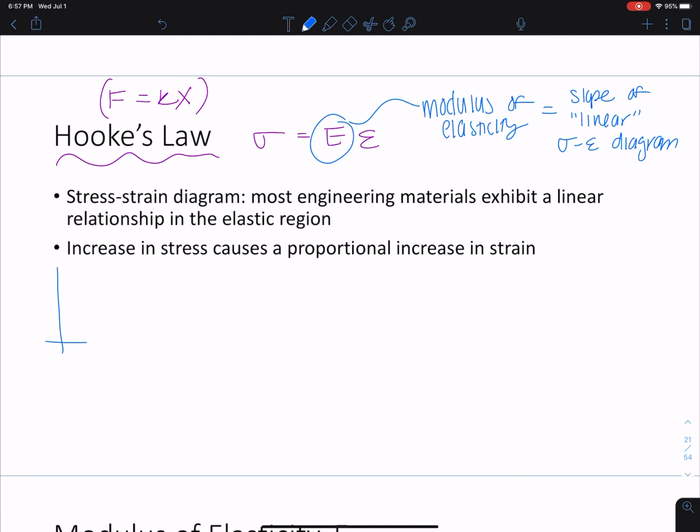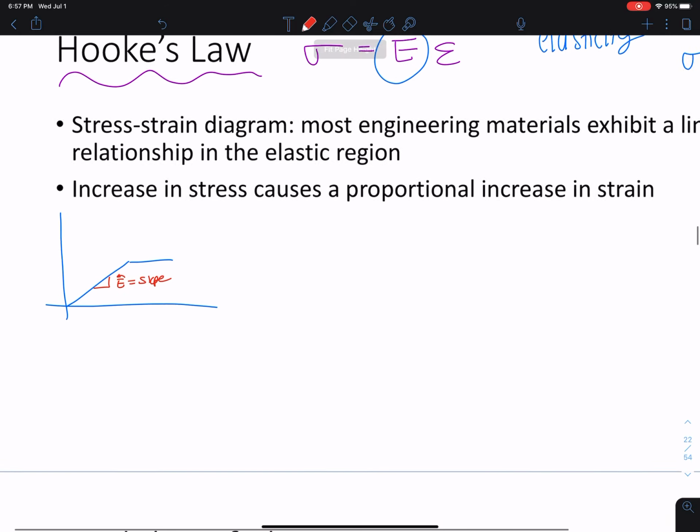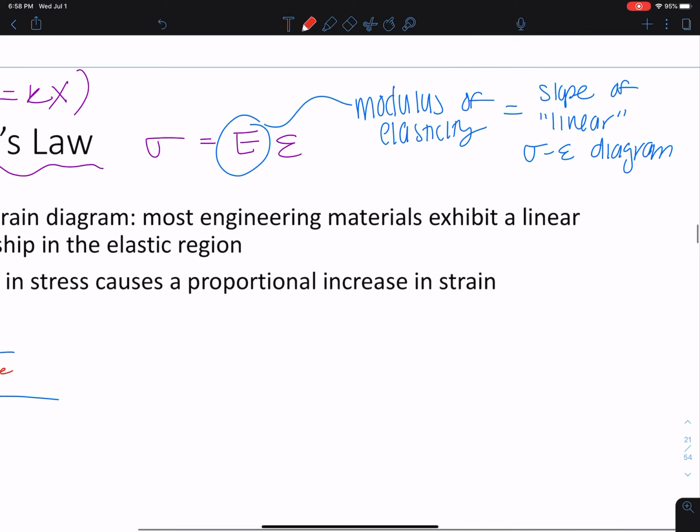If this is my diagram, and this is a linear portion, E is just this slope. Another word for modulus of elasticity is Young's modulus. The units are psi, ksi, pascals, kilopascals, etc.